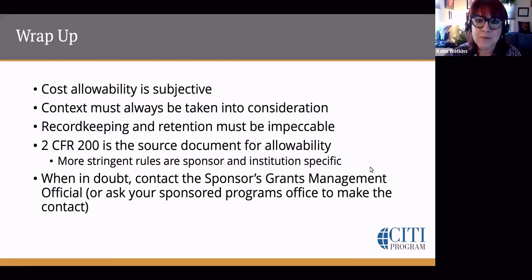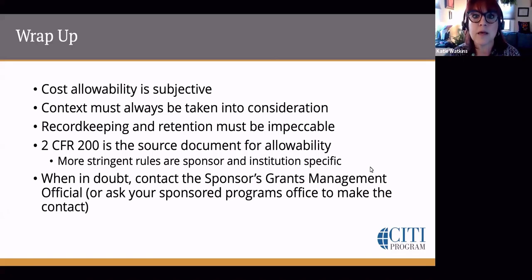Somebody asked me in the questions about a sponsored projects person who was 50% in the sponsored projects office and possibly 50% as a PI on another project. And that would be allowable if there were no conflict of interest between their role in the sponsored projects office and their role as the PI on a sponsored project.